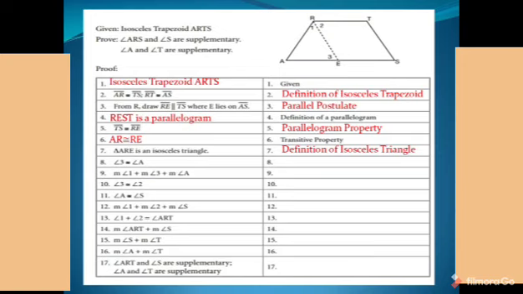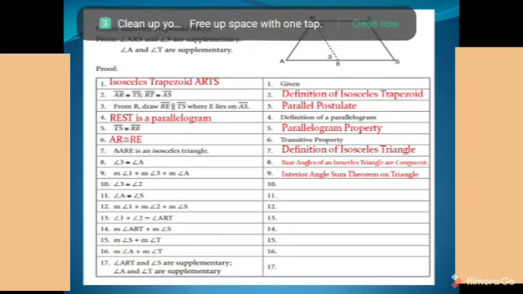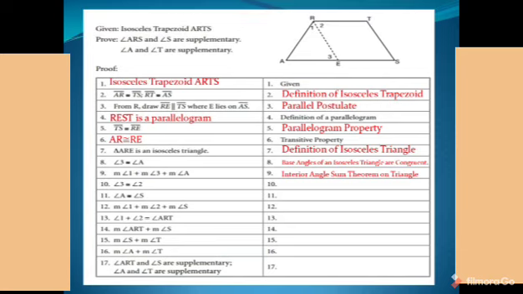In that way, angle 3 and angle A are congruent. Remember, that is base angles of an isosceles triangle are congruent. So, the measure of angle 1 plus the measure of angle 3 plus the measure of angle A, you would have the interior angle sum theorem on a triangle.